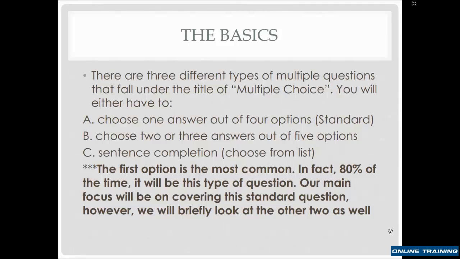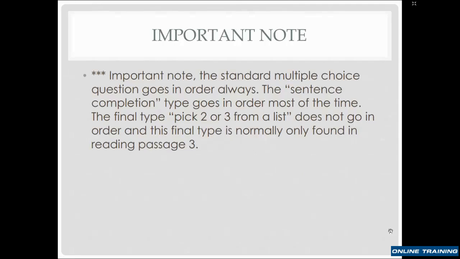The first option is the standard multiple choice question. I say standard because that's what most of you are familiar with. Probably about 80% of the time, it's going to be that type of question. So our main focus is going to be on covering that type. The standard multiple choice question goes in order always.